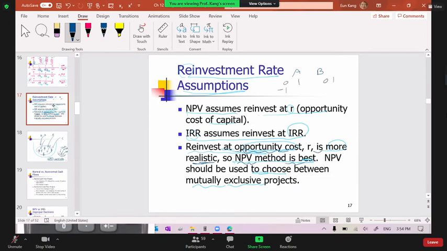You invest $1 and in year one get $2. You invest $100 and in year one get $112. Then this one has 100% IRR. This one is only 12% IRR. But net present value wise, it's just less than $1, right? So if you rely on IRR, it can be misleading. You just go for NPV.